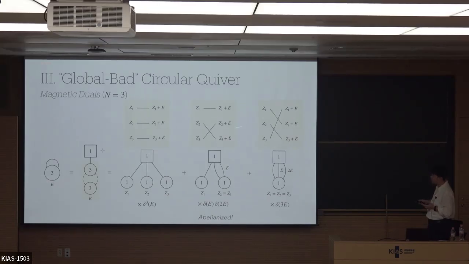If I identify this way, from this we have a delta of E, and from this we have a delta of 2 times E. Then this node and this node should be identified because we identify G2 with G3. So the resulting theory looks like this. And lastly, if I do this identification, the resulting theory is just a single QED with multiple flavors. Okay.